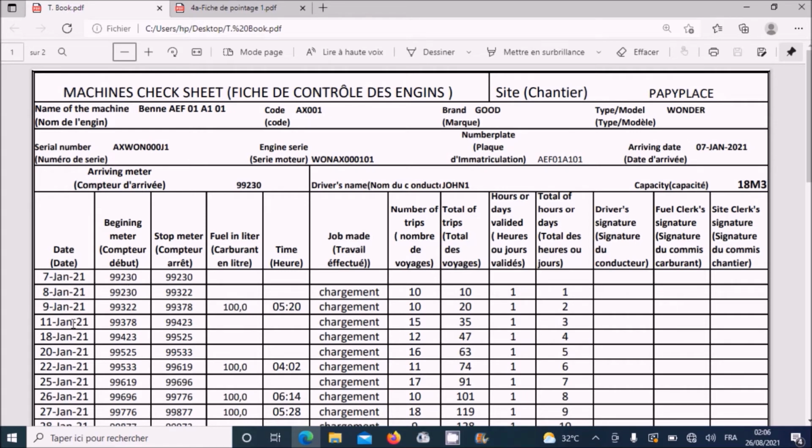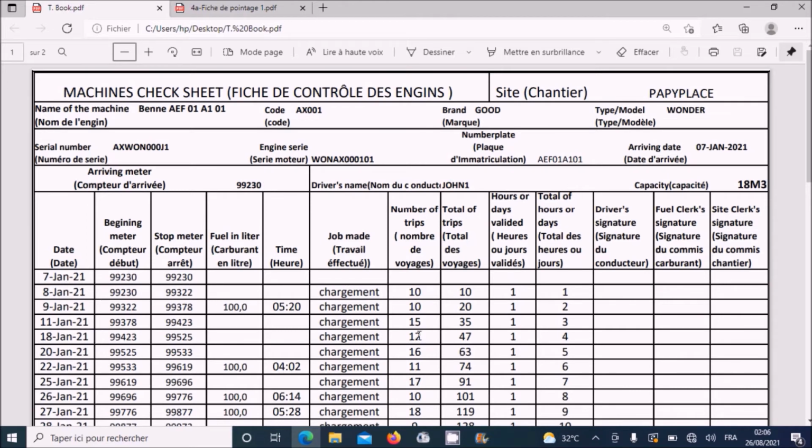We have the different dates here. The 7th of the month of January, he starts with this meter and he stops with this meter. It means that the truck doesn't work because it is the same. The arriving meter, it is the same meter here.